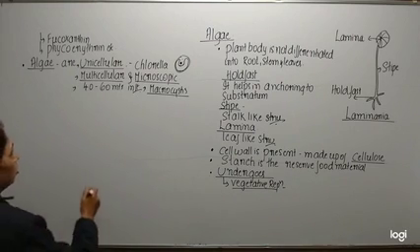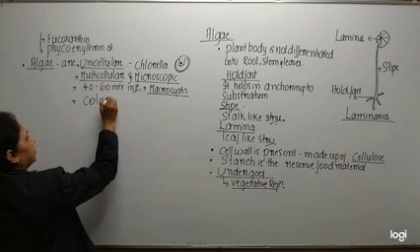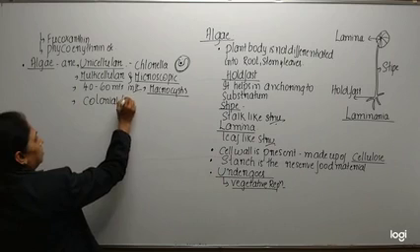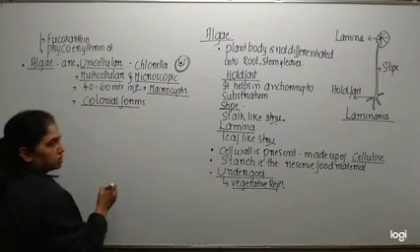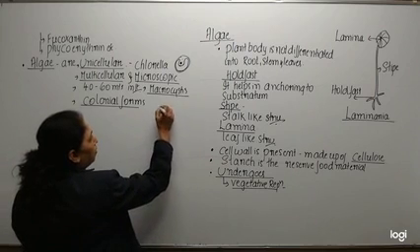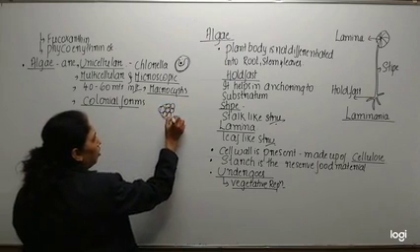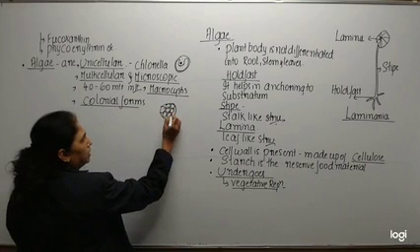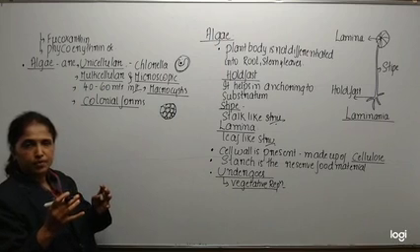In structural organization, we find colonial forms. That means a group of cells lives together and forms a colony. It is called a colony.